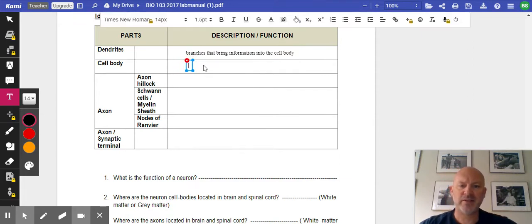So the cell body is the area that contains the nucleus. The axon hillock is the beginning of the axon, and this generates an action potential.